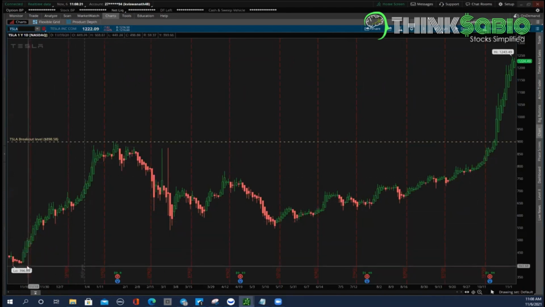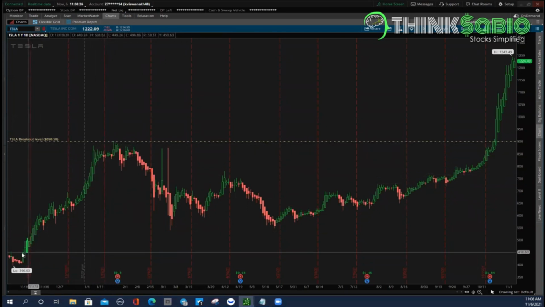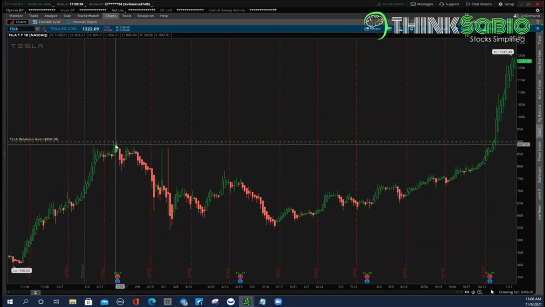What we have seen here is a significant jump from Tesla around November, I believe when they added Tesla to the S&P 500. There's a significant jump from 447 all the way up to 899, like a 100% jump. And then it stopped here, at 898 somewhere. What does this mean?